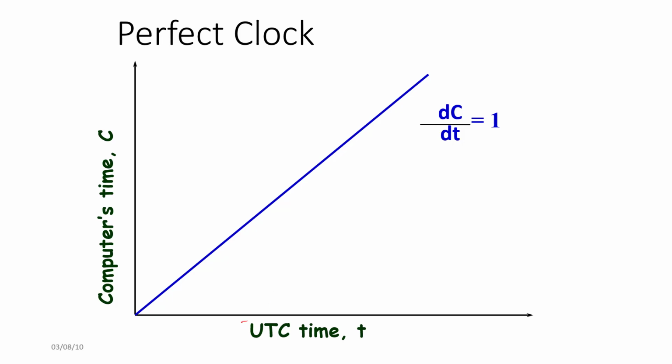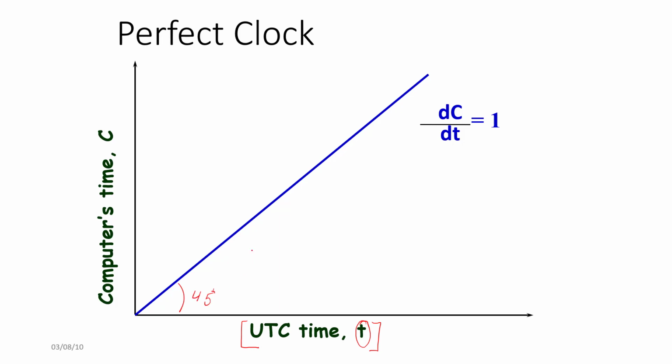So, there is a notion of a universal time, the UTC time. This is the time that is maintained in a Paris clock. Ideally speaking, any clock with respect to the UTC time should be the same. So, this should just be a 45-degree line.